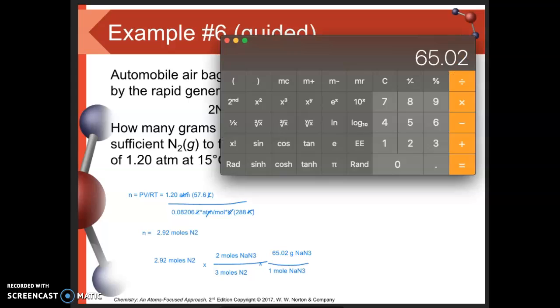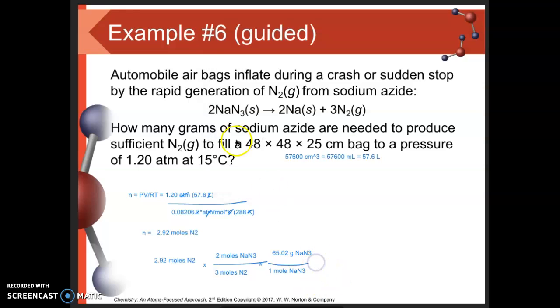And so calculator out again, 2.92 multiplied by 2 multiplied by 65.02 divided by 3. To 3 significant figures, I need 127 grams of sodium azide, which is not an insignificant amount at all.